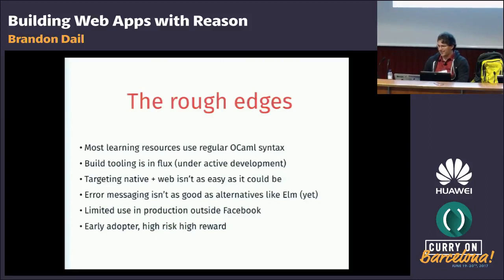There's no guarantee, again, that it will continue to have the support that it has. The community around it is building, and I believe it's getting stronger and stronger, and I hope all of you participate in it. But again, it's important to realize that it is a new technology as far as BuckleScript and Reason for the web.